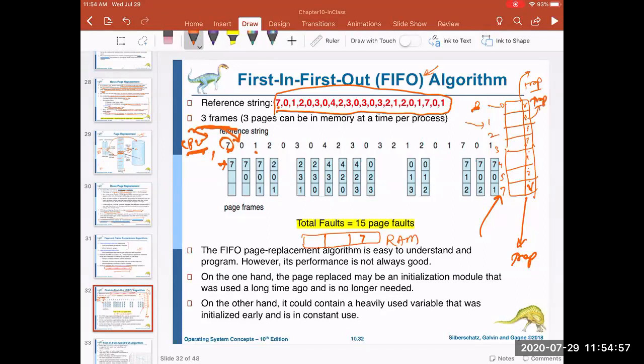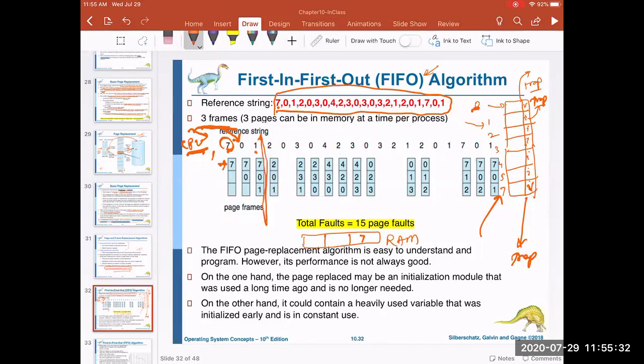Now for the first 3, 7, 0, 1, how many traps are there? How many page faults are there? Any answer? How many do you think there are? Because your RAM was empty. I'm not asking for the complete, I'm just asking for this much.